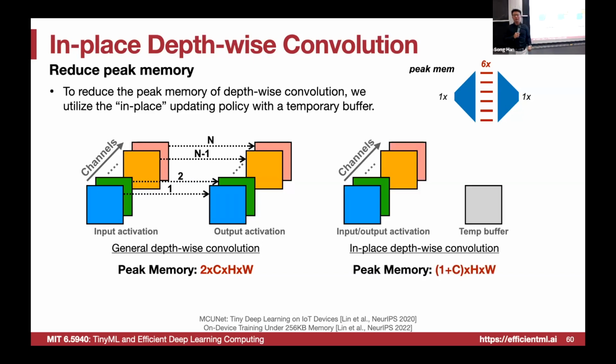A very easy optimization is (1 plus C) times HW, since we can do it in place, have a temporary buffer, do the convolution locally, and then write it back, and then calculate the second channel. Since each channel is independent, we can reuse this buffer when calculating different channels. So the memory footprint will be (1 plus C) rather than 2C times HW.